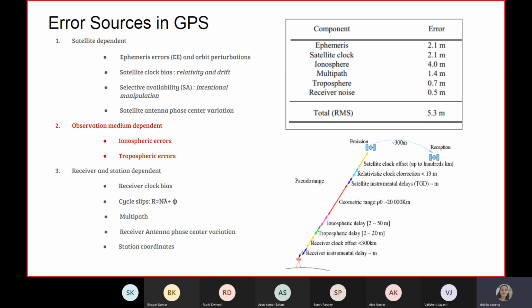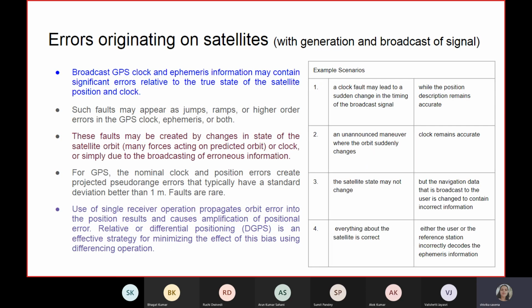So today we will see what and how ionosphere signal delay is happening. I'll slowly glide through these slides, so please let me know if you have any doubts from the previous lecture.